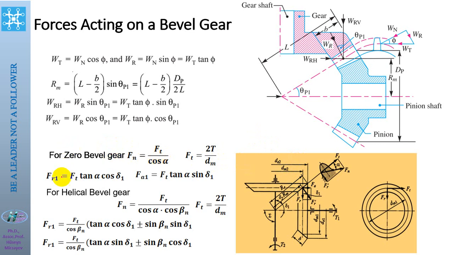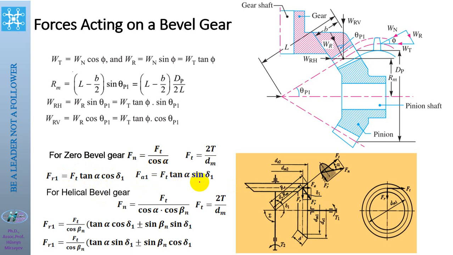The radial force may be calculated from this sketch. According to the triangle rules, Fr is equal to Ft tangent alpha cosine beta, and Fa is equal to Ft tangent alpha sine beta.